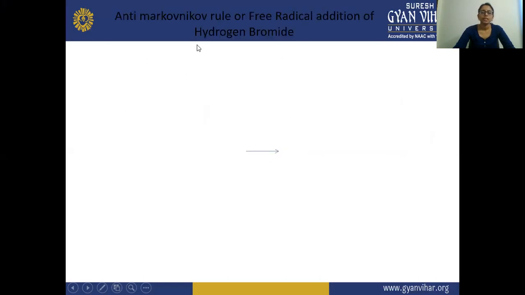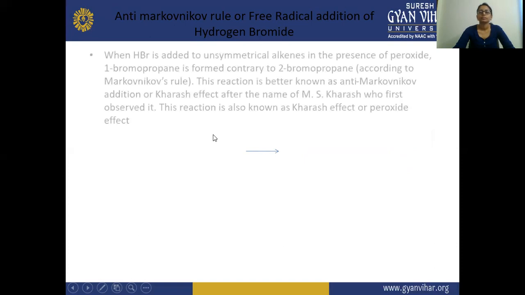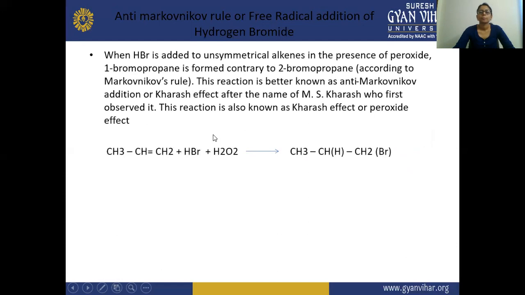Next is your anti-Markovnikov rule, the free radical addition of hydrogen bromide. So here you can see HBr is added to an unsymmetrical alkene in the presence of peroxide.